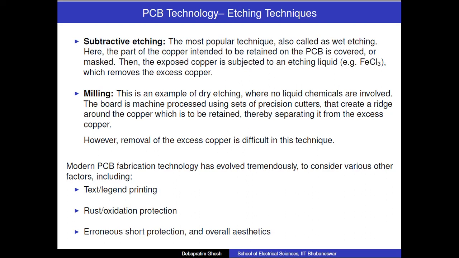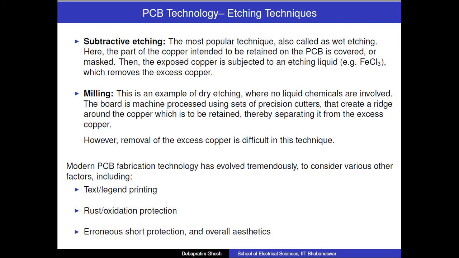And what happens essentially is that the copper that you want to keep on the bare PCB, you need to cover it with a photoresist. So it is very similar to something called lithography, which is used in VLSI technology.